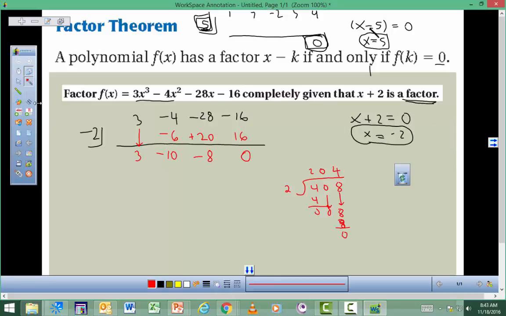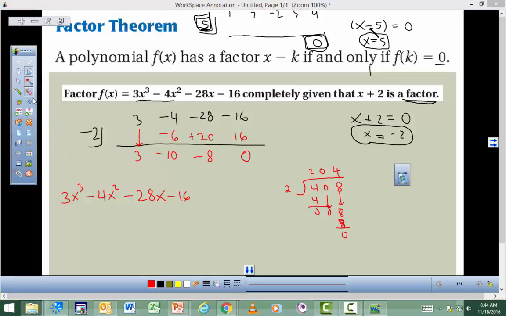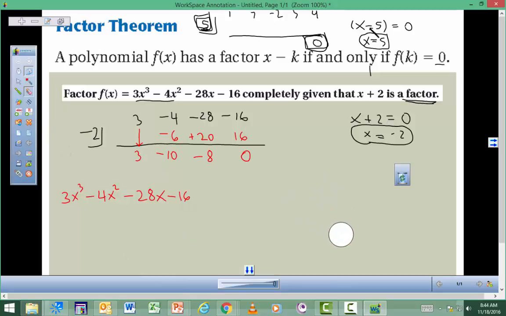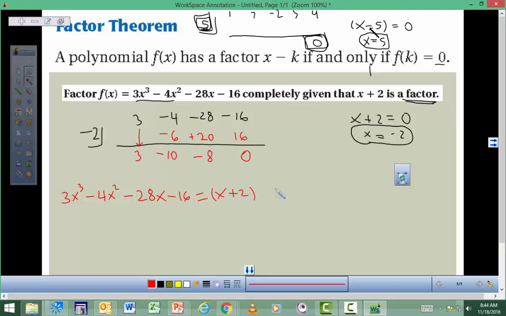So let me write down what the next step is. What we do know is that 3x cubed minus 4x squared minus 28x minus 16, we know something about this. We know that it's equal to x plus 2 times something else.